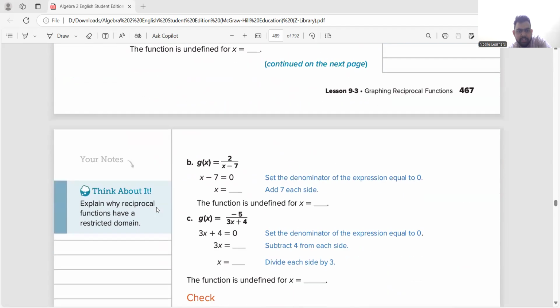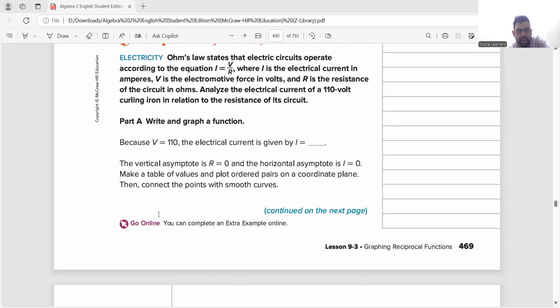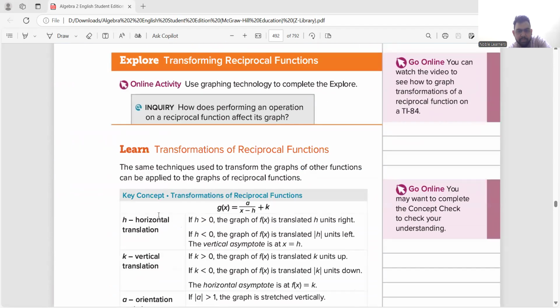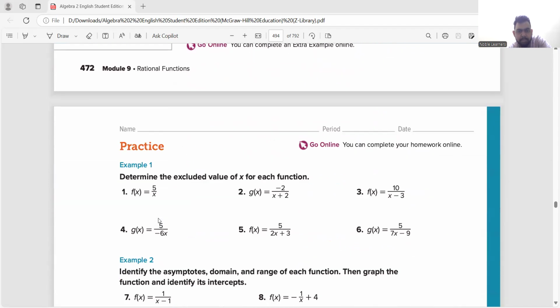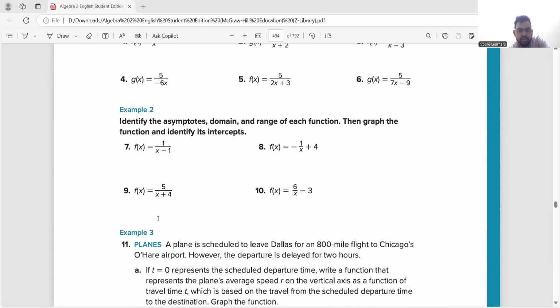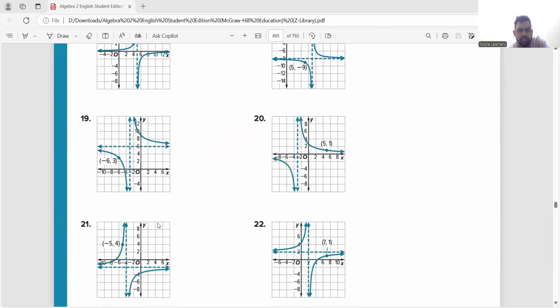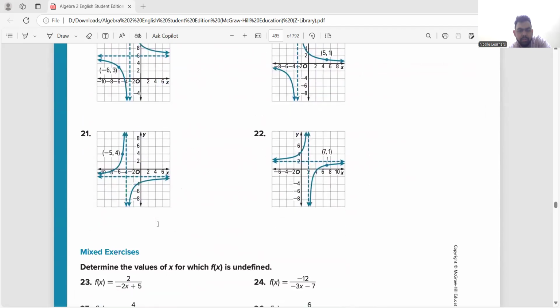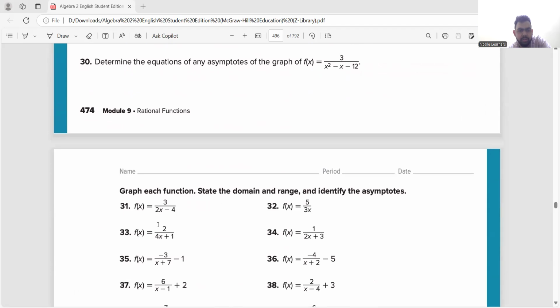Graphing rational functions. I'll tell you how to graph. I have told you, but I'll tell you one more time. Since we just have 15 minutes, questions are easy in this.